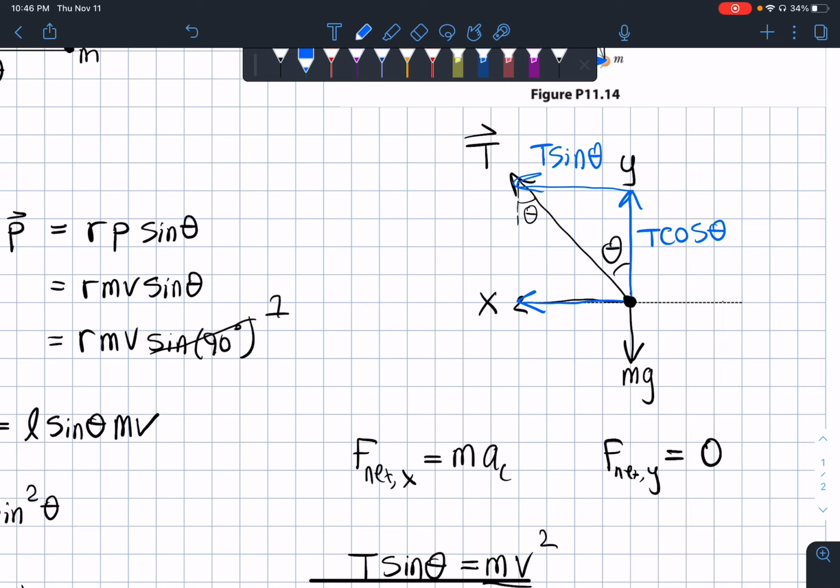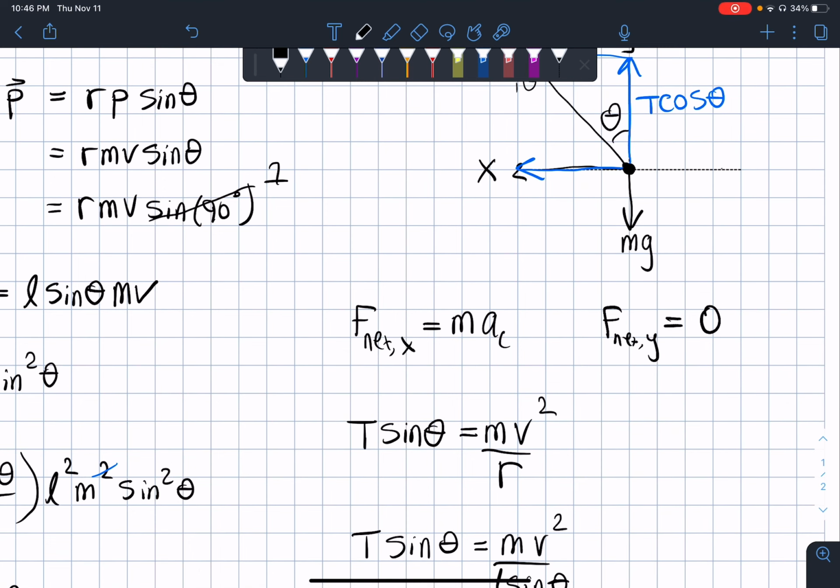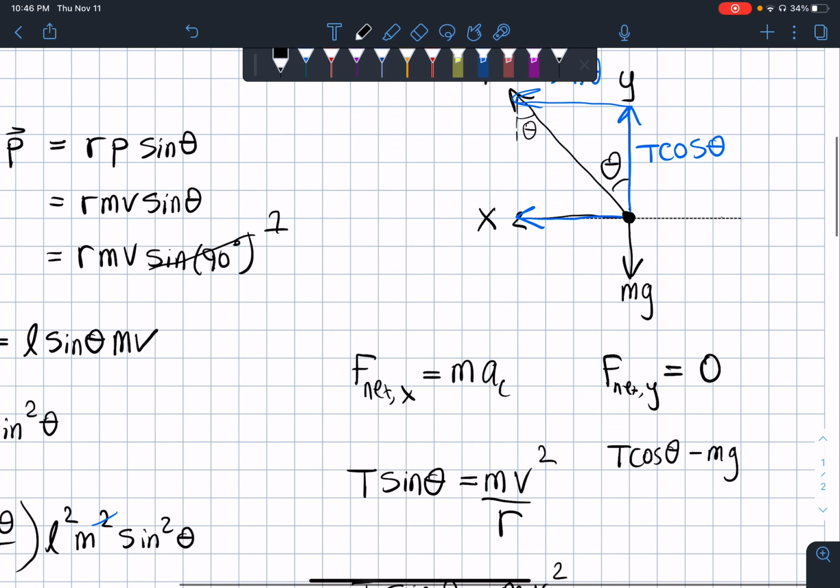So we can say that T cosine theta minus mg, because the mg is in the negative y direction, equals 0, which just reduces to T cosine theta equals mg.